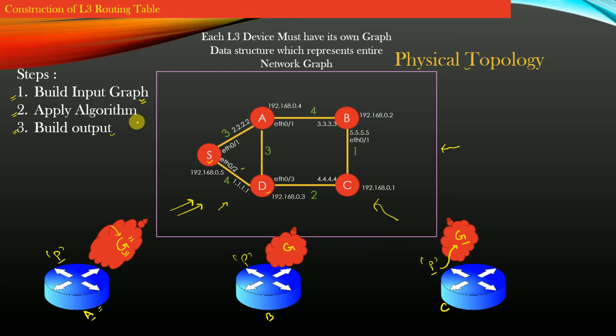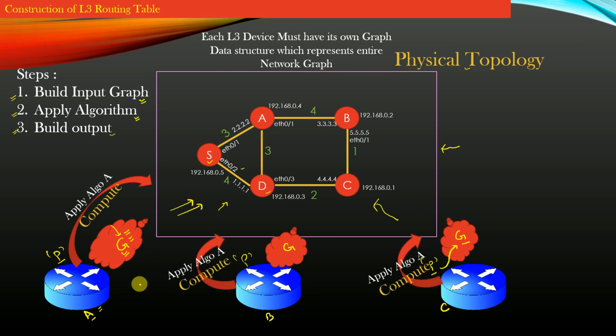Then the second step that each routing device does is to apply the algorithm on the input graph data structure which it has built in its local memory. Now this algorithm is a networking-oriented algorithm, meaning that it applies on the graph which represents the network topology, and the output of this algorithm is something which is used in networking.